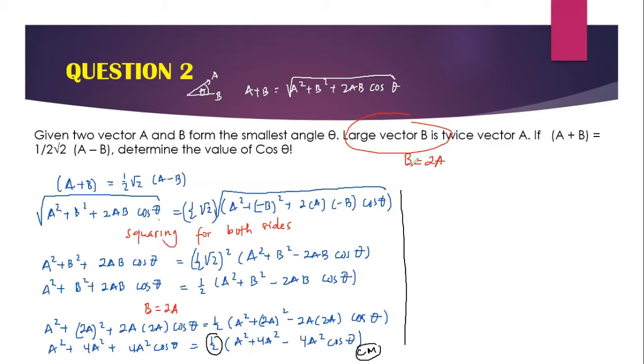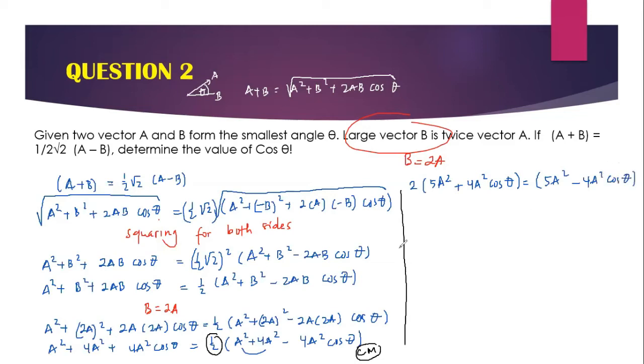Okay, go. So 2, open the bracket. This one, a squared plus 4a squared, 5a squared, right? And then plus 4a squared cosine theta equal 5a squared, this one 1 plus 4, minus 4a squared cosine theta.